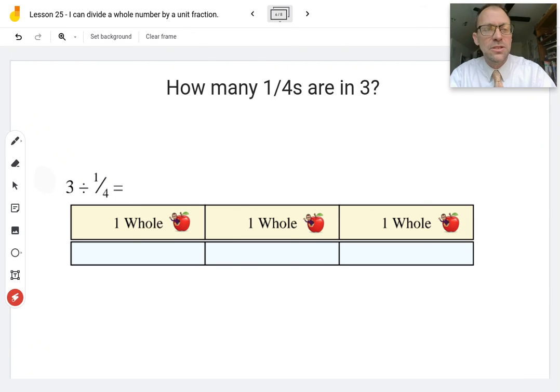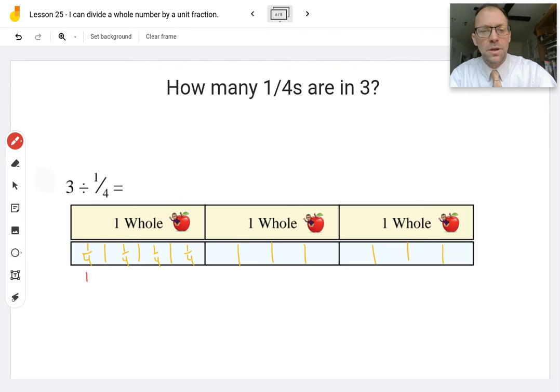So let's go ahead and start that process. Let's divide each of these wholes into fourths. So let's see here. This first whole is now in 4/4, right? There's 1/4 and another fourth and another fourth and another fourth. And then this whole is into 4/4. This whole is into 4/4. And let's count up all the fourths in these 3 wholes. Ready?